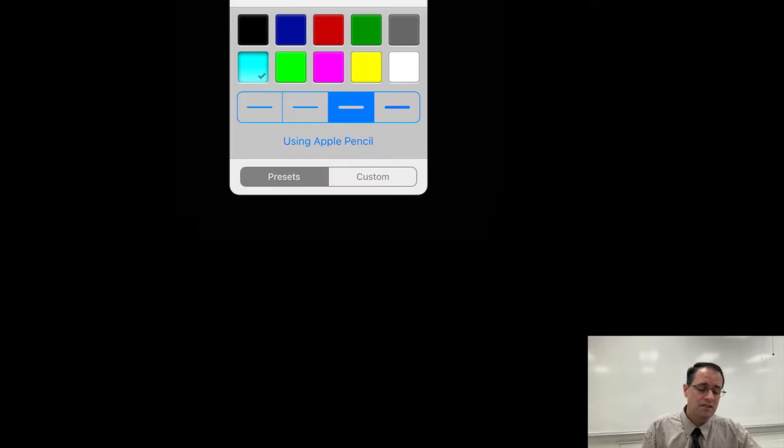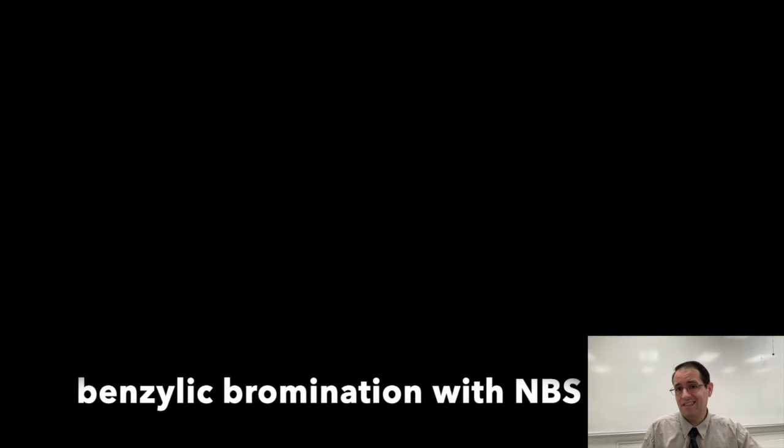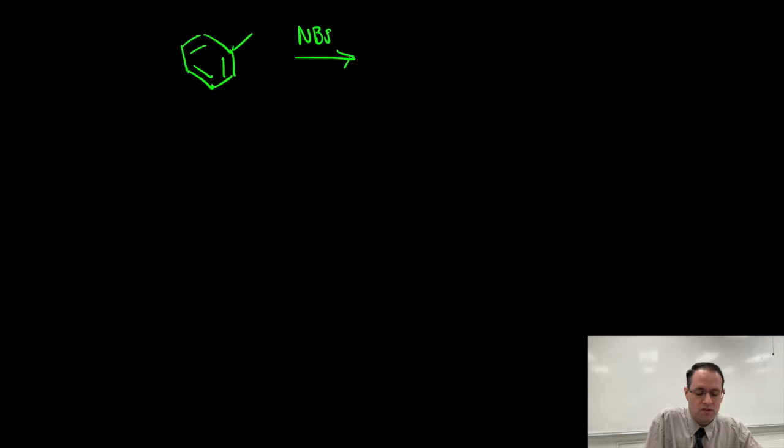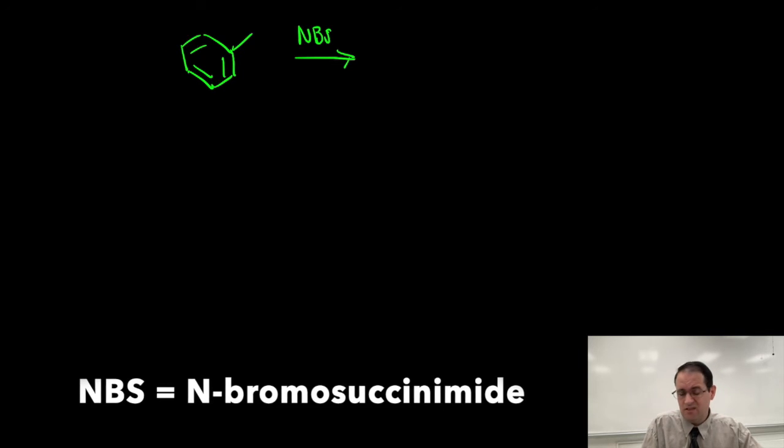Now, another reaction you can do with benzylic hydrogens or benzylic positions of an aromatic ring is to do a radical bromination using NBS. So if you have, for example, toluene, okay, and you treat this with N-bromosuccinimide and heat or light.